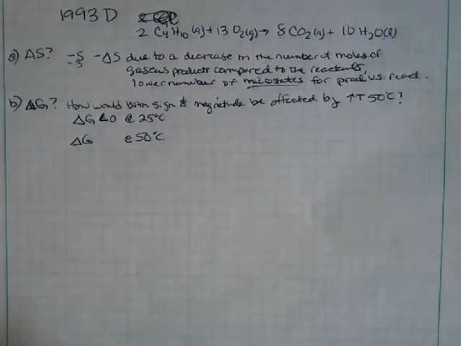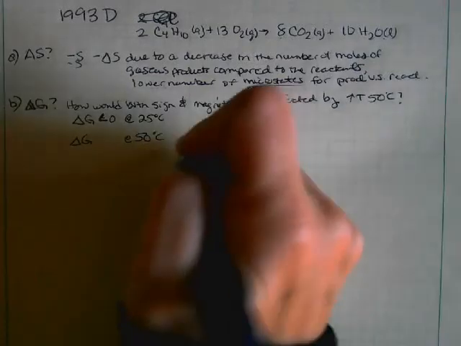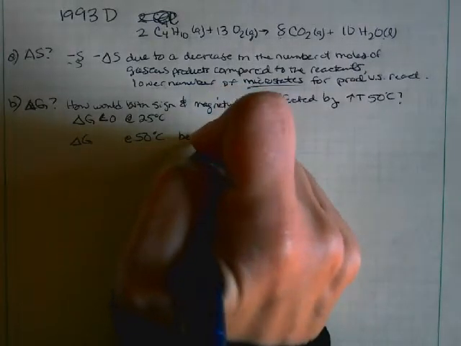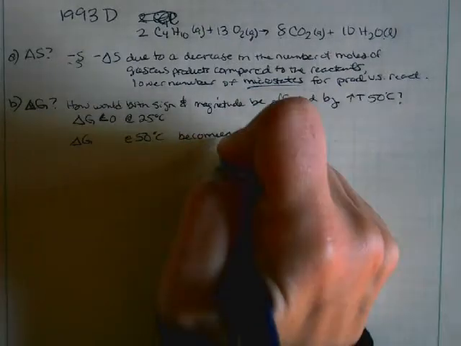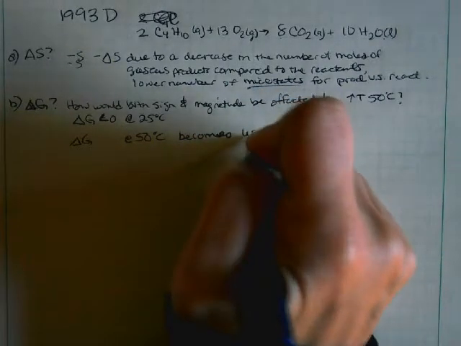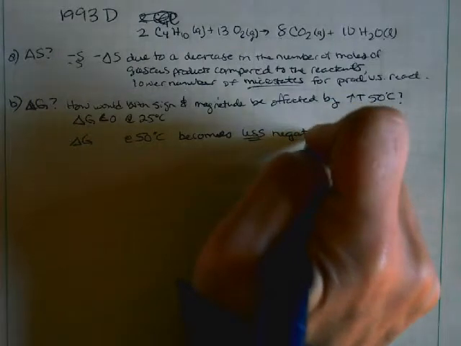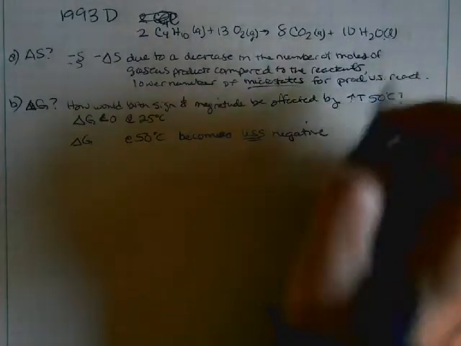Okay, and what we know for sure, we don't have any values again. Trust me, we will be doing problems where we're actually plugging in numbers, and you will be finding at what temperature delta G changes from negative to positive, or when it is 0, and what that means. So what we can confidently say for now is it becomes less negative as the temperature is increased.